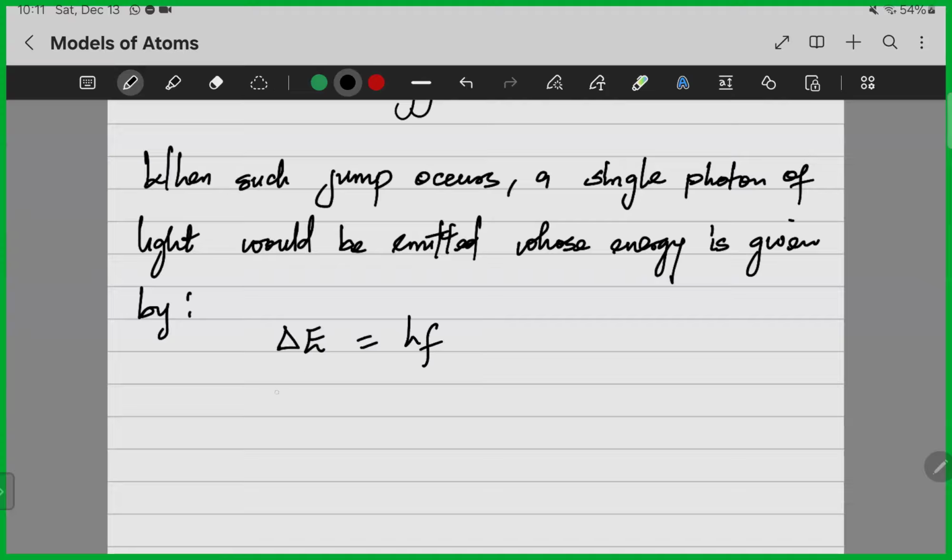A change in energy means the energy of the final minus the energy of the initial state equal to hf. And what is the meaning of hf?